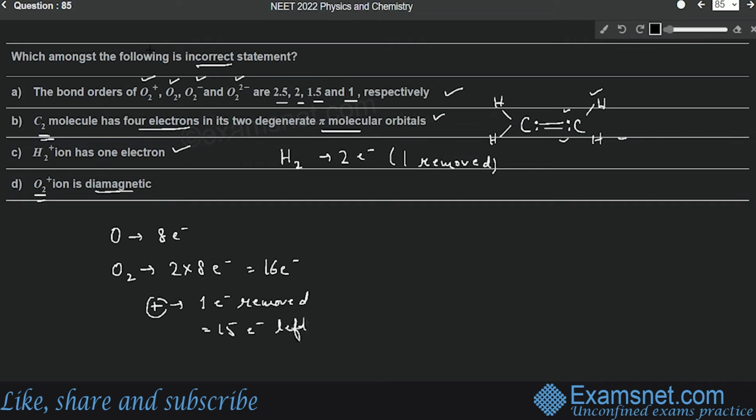Okay, so out of 15, 14 can be paired, so only one will remain unpaired. So it will be paramagnetic, not diamagnetic. For diamagnetic, all the electrons should be paired. So this is not a correct statement. So the incorrect statement is option D.